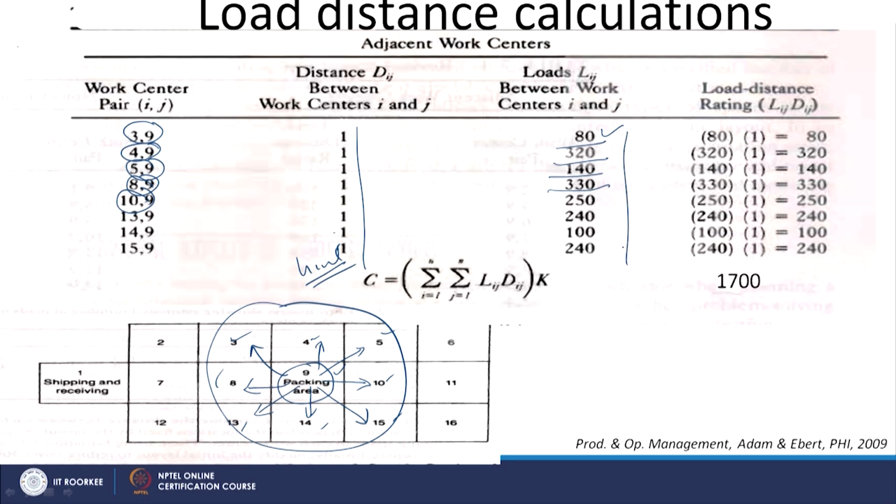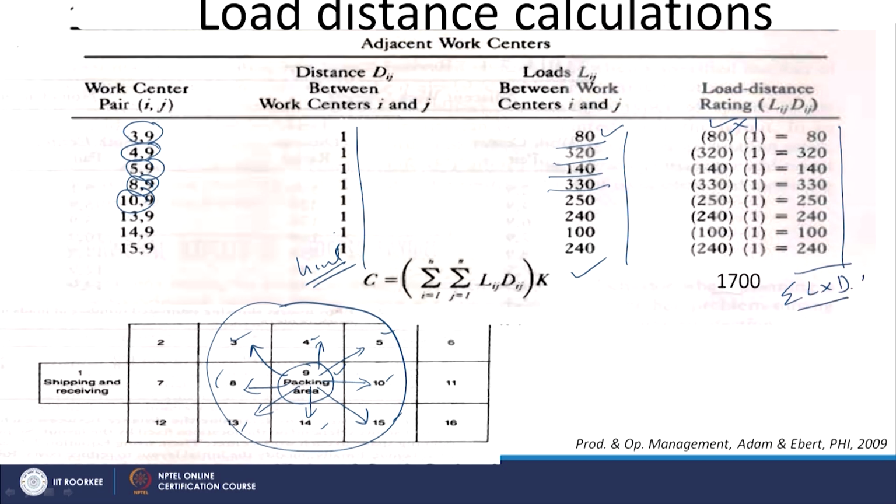Likewise, these are the different loads generally observed between these stores and the packing area. Now the load is multiplied by the distance. Since all these are adjacent centers, they are multiplied by the 1 unit distance, and the sum of these gives us the load into distance.